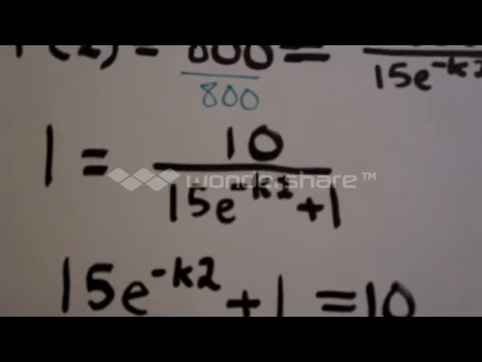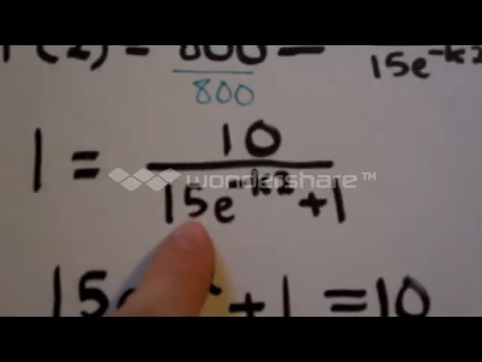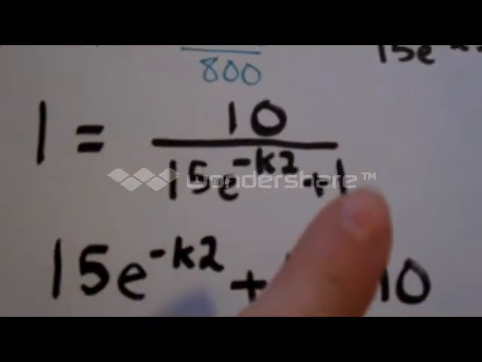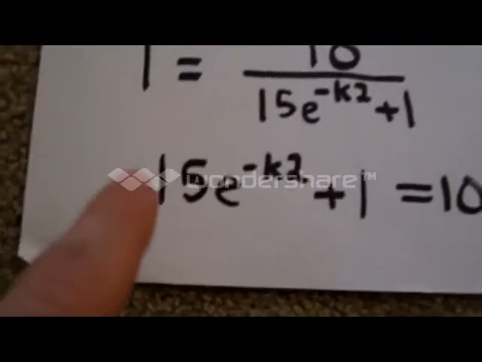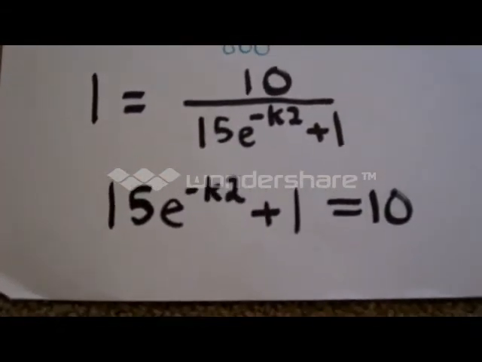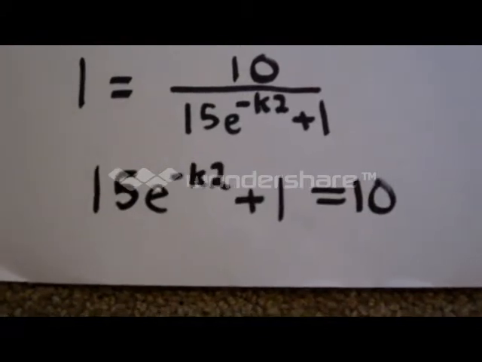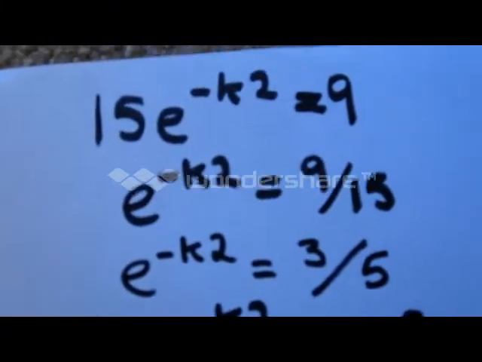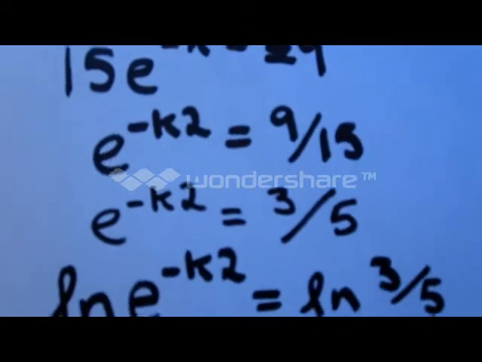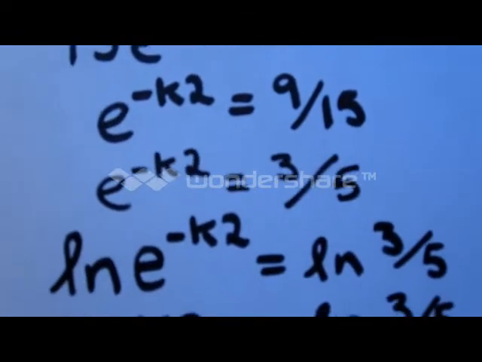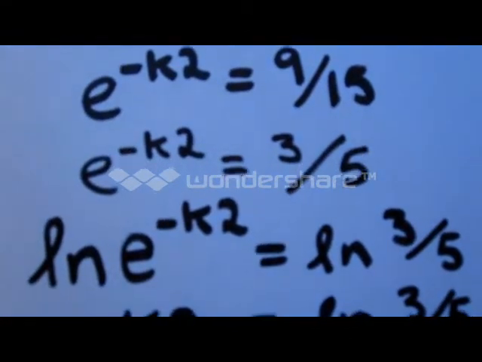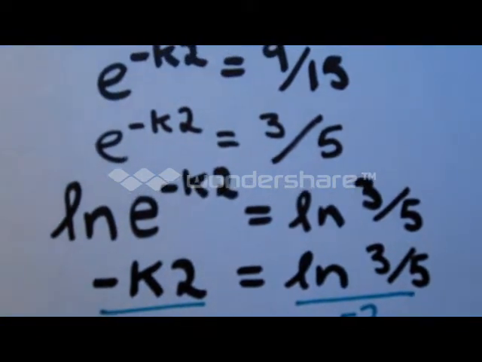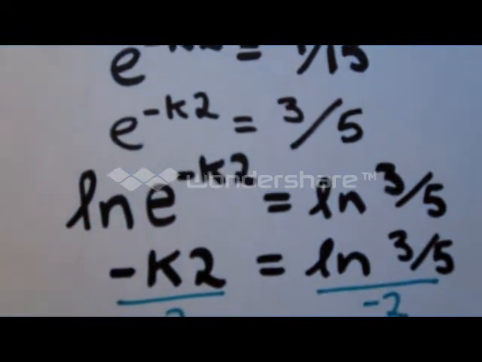And if you were to take the denominator and multiply it on both sides, you would get 15e^(-k·2) plus 1 equals 10. And we're going to simplify that by subtracting a 1 from each side. 15e^(-2k) equals 9. And divide by 15, as you can see here, simplifies out to e^(-2k) equals 3/5. And then you're going to take the natural log of each side so you can get rid of that e.